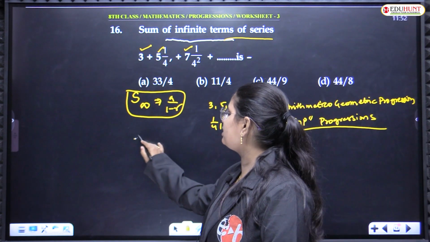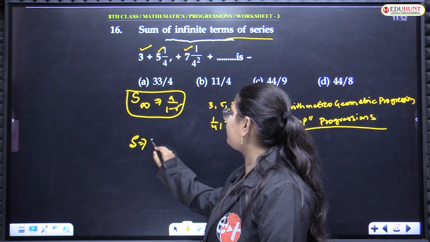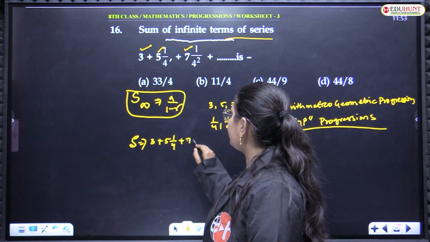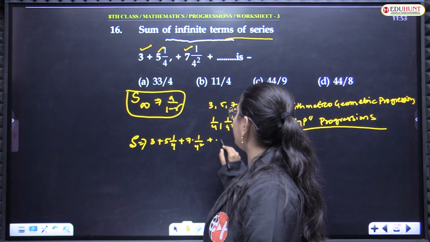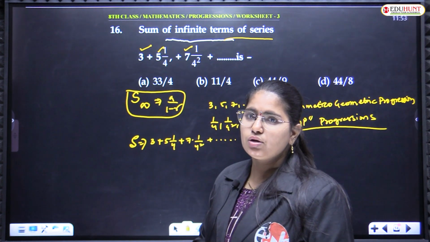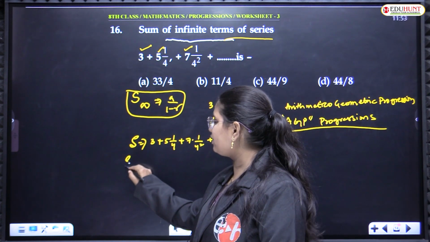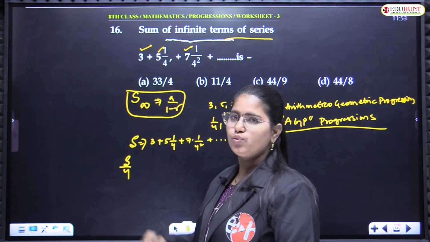So, given S infinity, the series S is equal to 3 plus 5 into 1 by 4 plus 7 into 1 by 4 whole square and so on. Let us subtract. First, we will divide the above series by 4.